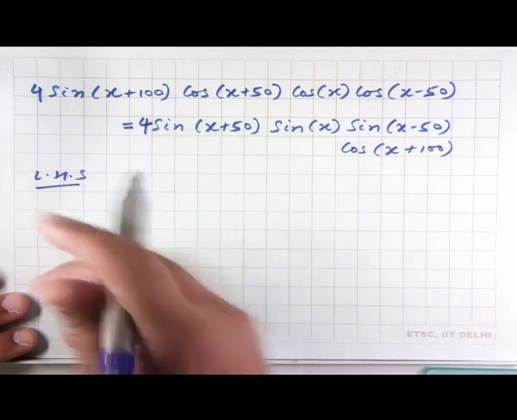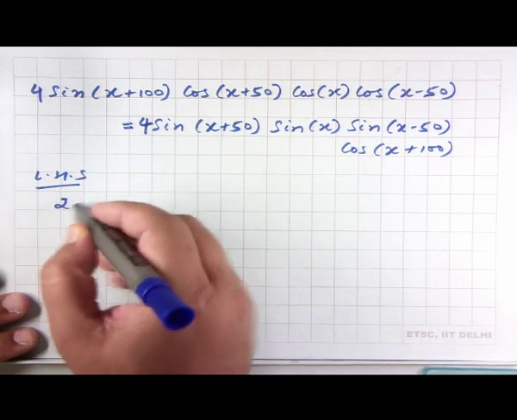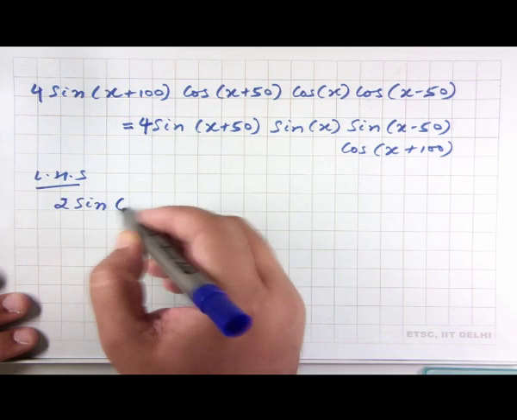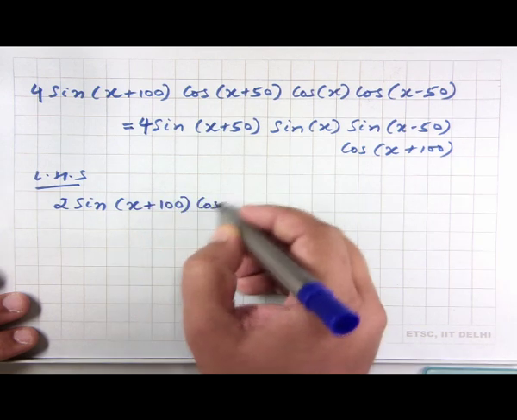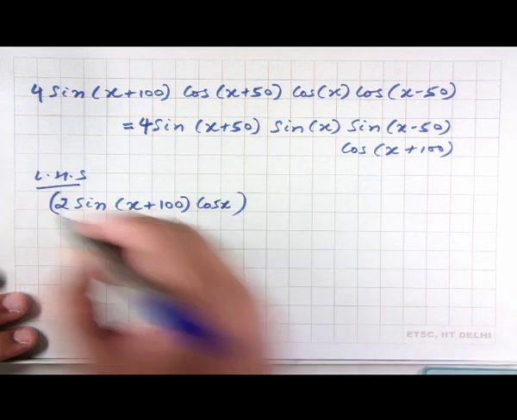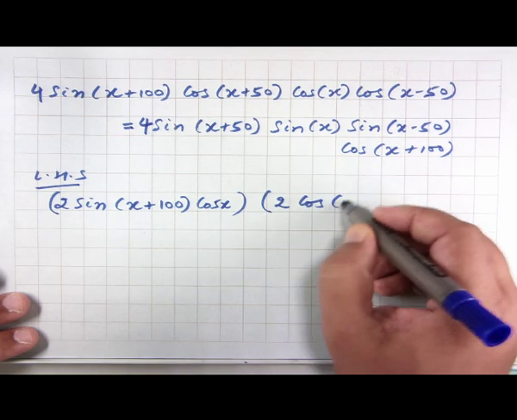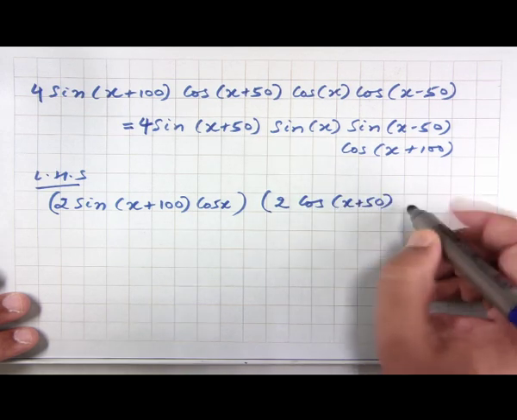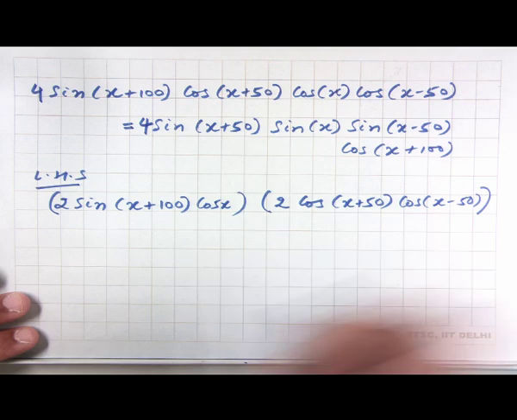So on the left hand side what we can write it as 2 sin x plus 100 times cos x multiplied by 2 cos x plus 50 times cos of x minus 50.